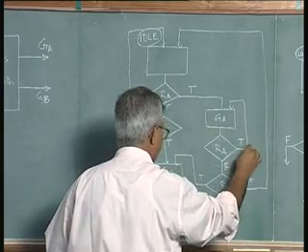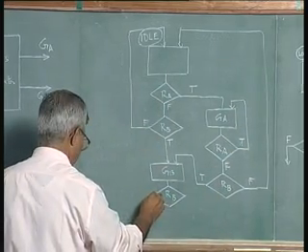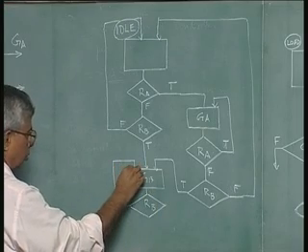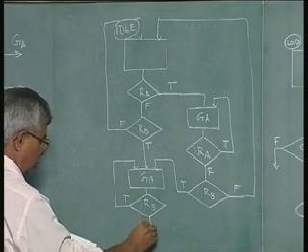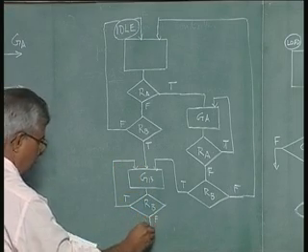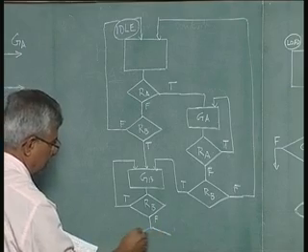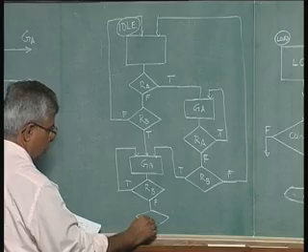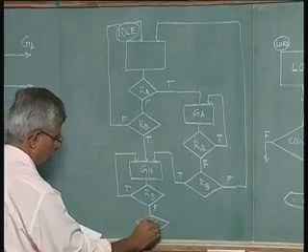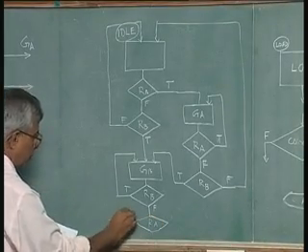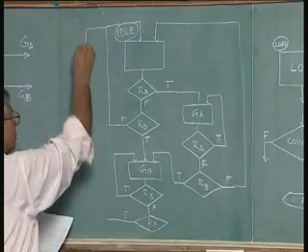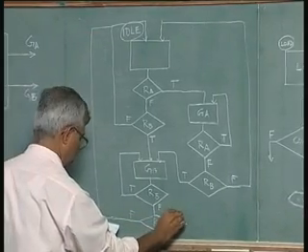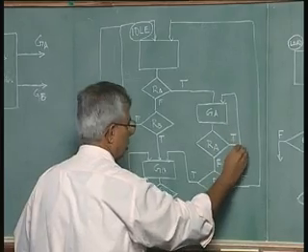Same reason. It is true, it continues to be in GB. If it is 0 or false, again a test is whether RA is waiting. If it is not waiting, I go back. If it is waiting, I go back to this.